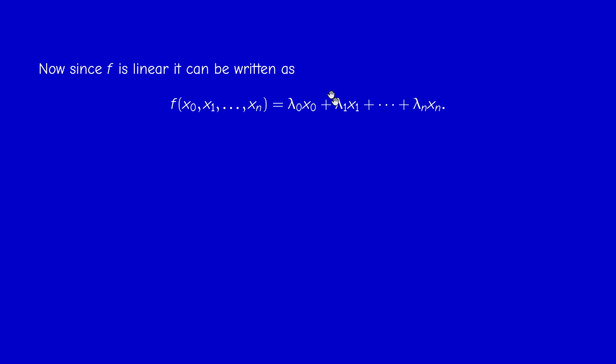So it's necessarily of this form, lambda 0 x0 plus lambda 1 x1 plus ... plus lambda n xn, as we know from chapter 2, because this is just a linear map from R^(n+1) into R. So it's a dot product, if you like, between the vector lambda 0, lambda 1, ..., lambda n, and the vector x0, x1, ..., xn.